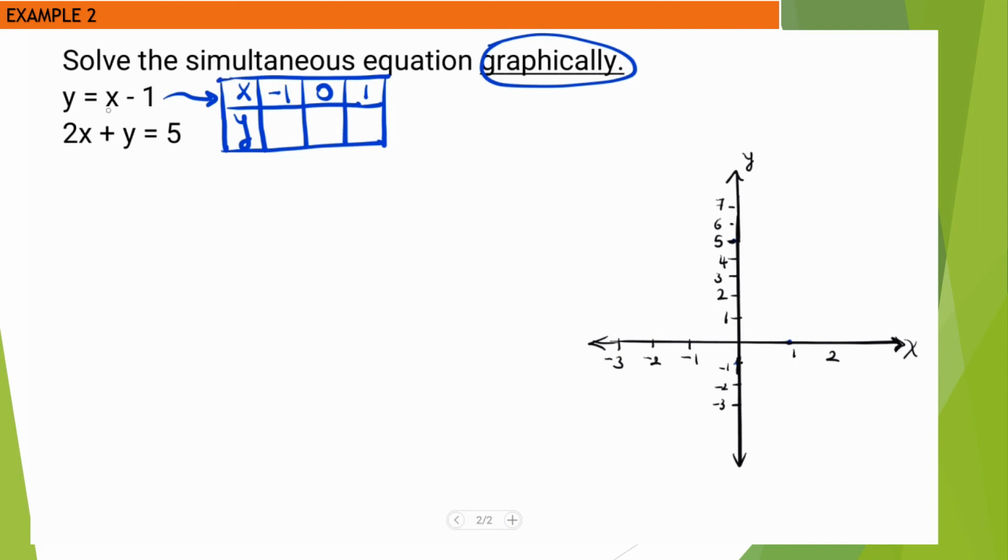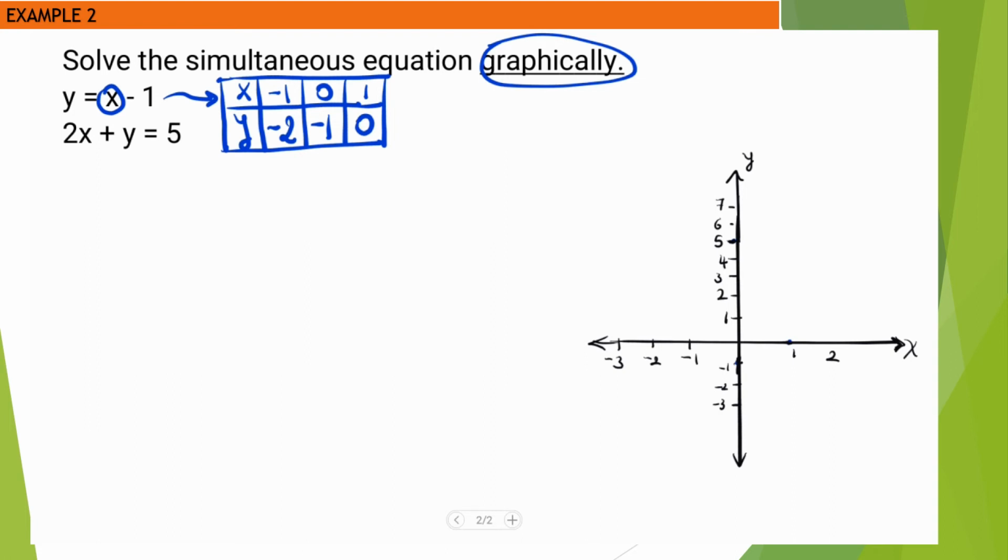From the equation, I'm going to put negative 1 in the place of x and calculate the corresponding y value. It is negative 2. If I put 0 in the place of x, I have negative 1 for the y value. If I put 1 here in the place of x, I calculate y as 0. So I have plenty of points to draw my first line.